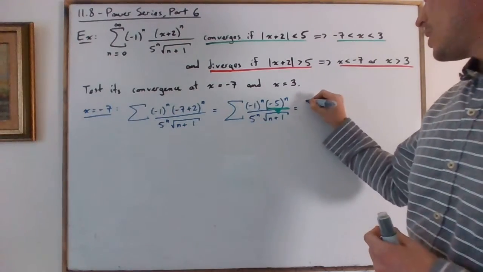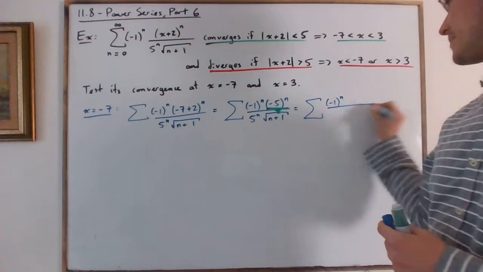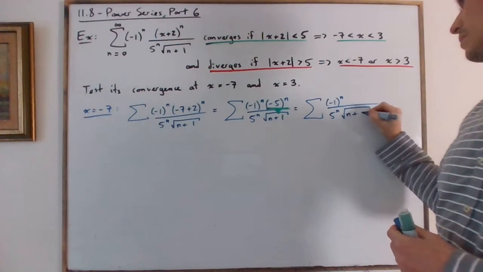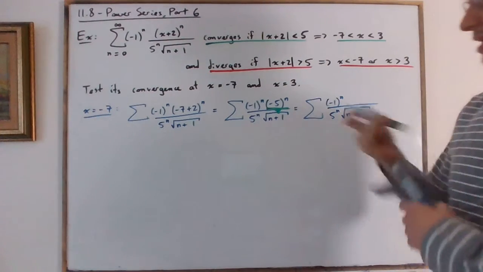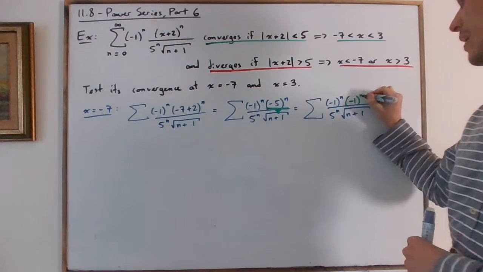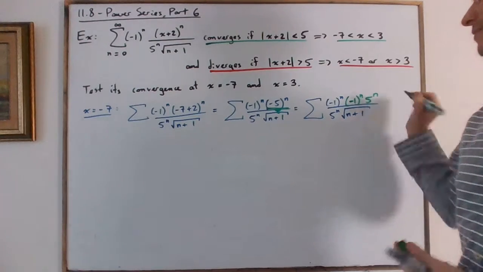We're going to have -1 to the power of n divided by 5 to the power of n times the square root of n plus 1. But now the other factor will become -1 to the power of n multiplied by 5 to the power of n.